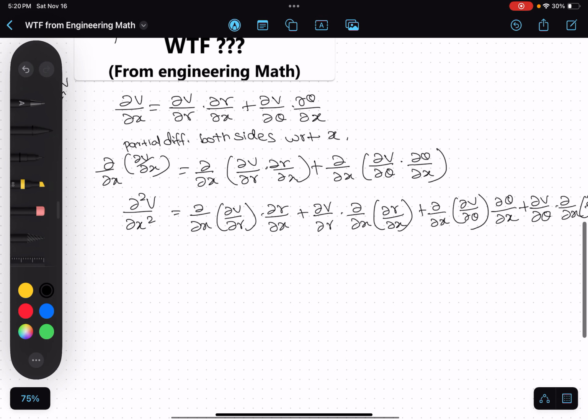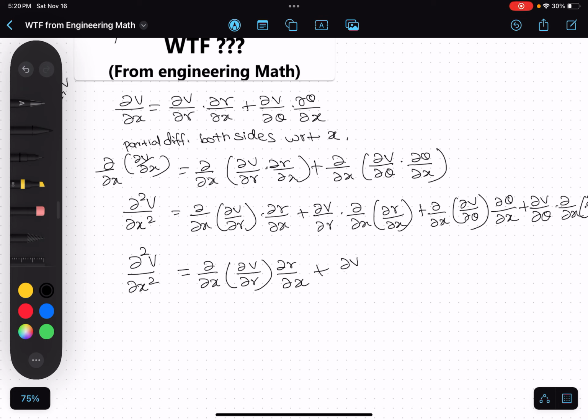Now again, there's another big question. First, I'll make some changes before I get to the next step. Notice that this will remain as it is for now. The next thing is simpler, because the next thing has partial x. So this will just be partial b by partial r times partial square r by partial x square.